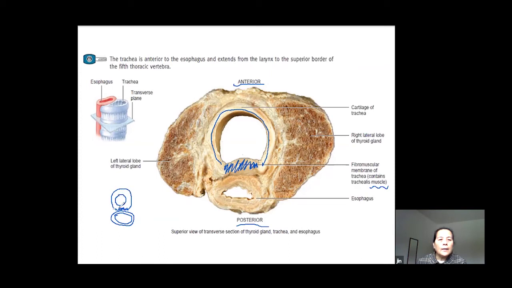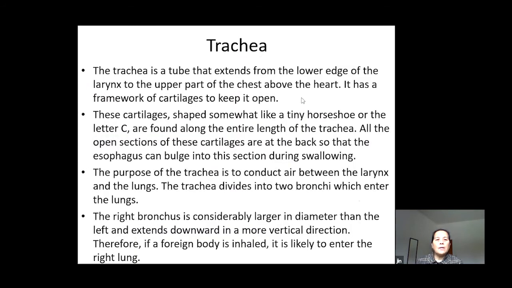But when we're eating, the muscles can go inside the trachea a little bit and allow the food to pass through. So our respiration system and digestion system are connected.